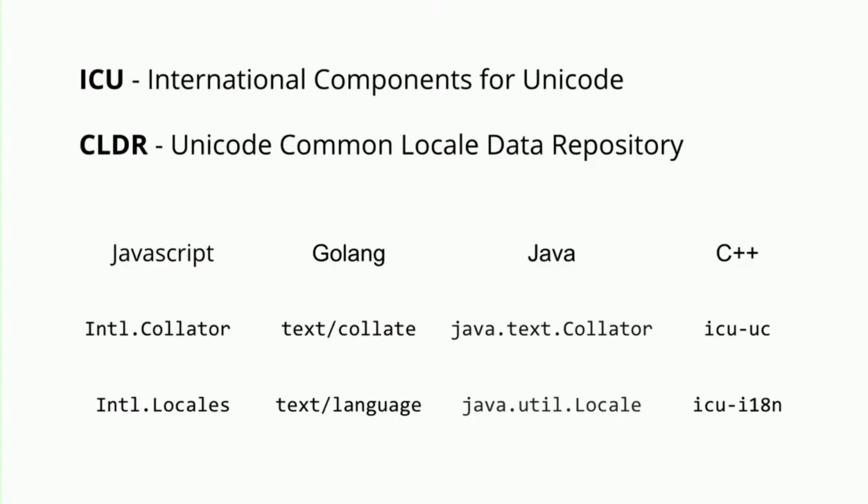They're not going to help you with that string counting, string splitting problem, but they'll help you with things like sorting. So the ICU is published in C and Java and ported to nearly every language on the planet. The CLDR, or the Common Locale Data Repository, is a set of interchangeable data formats that just tell you for Icelandic, sort in this way. And those are also built into a lot of libraries on different systems.